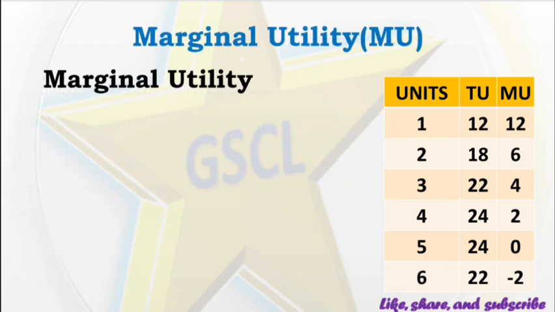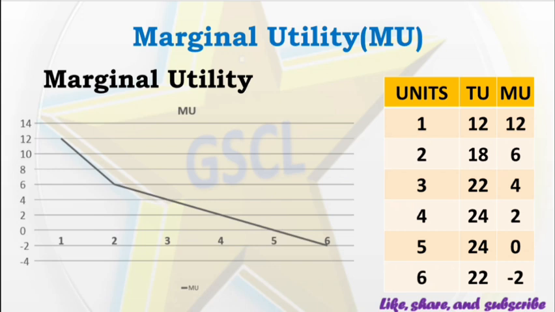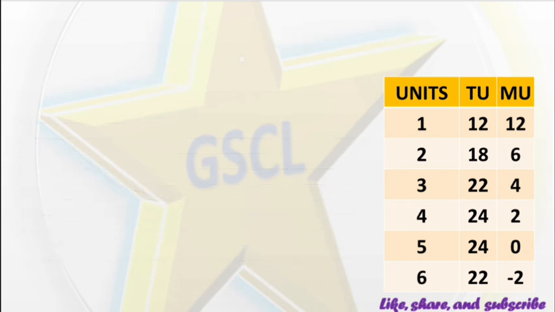This is the graphical representation of the marginal utility. The X axis shows the units consumed and the Y axis represents the marginal utility. Each additional unit of the commodity gives less and less additional utils of satisfaction.